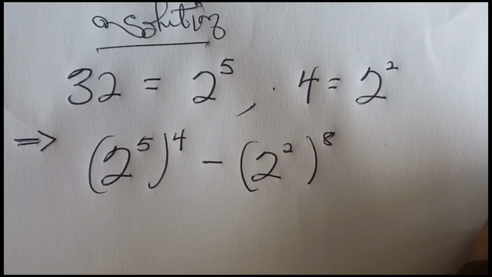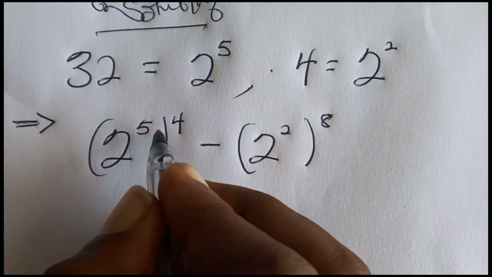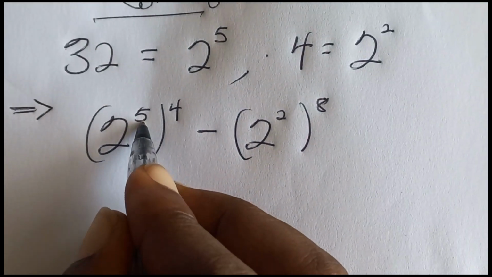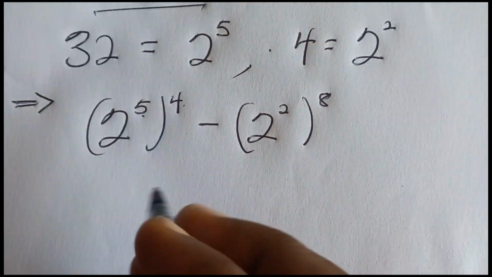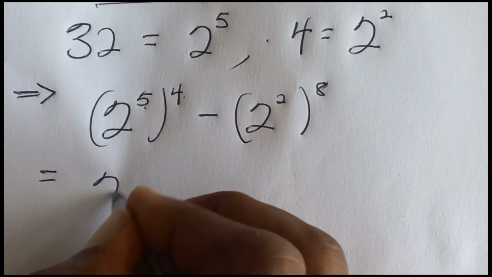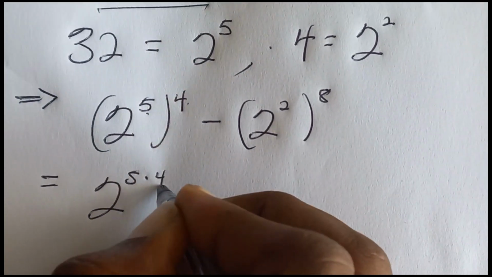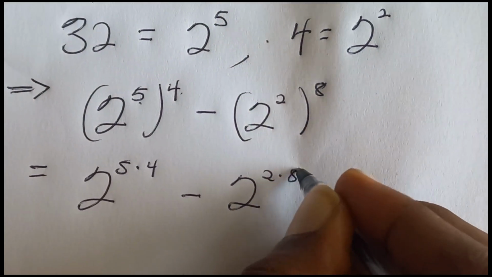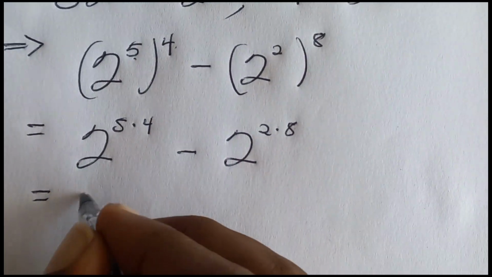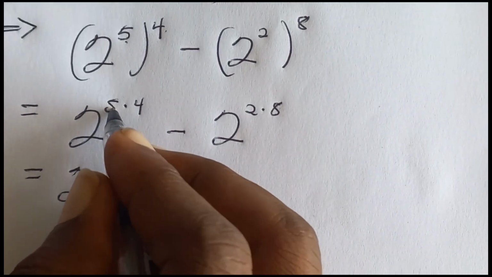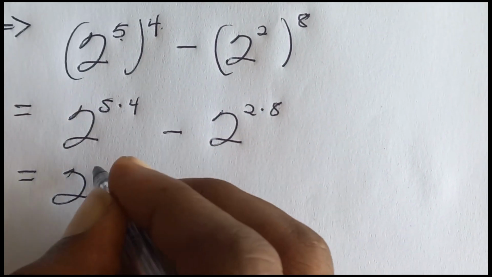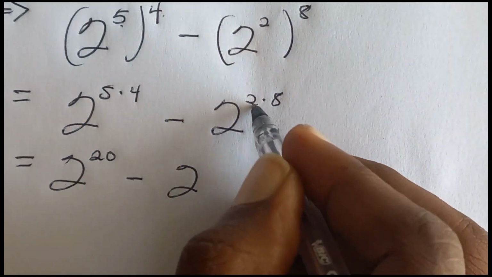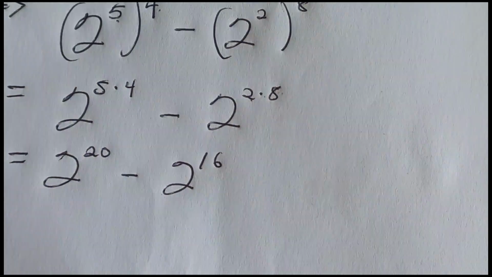So now with this, we can rewrite it as 2 exponent 5 multiplied by 4 minus 2 exponent 2 multiplied by 8. So we are going to get 2 exponent 20, 4 times 5 is 20, minus 2 exponent 2 times 8, which is 16.